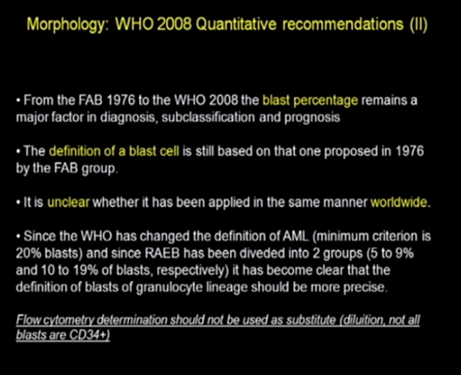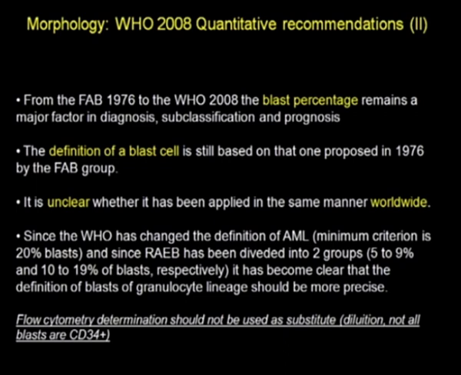Moving back to the WHO classification, the second point of quantitative recommendation provided in this document is the detail on what we should consider a blast cell and how many blast cells we should have to define the diagnostic subset.